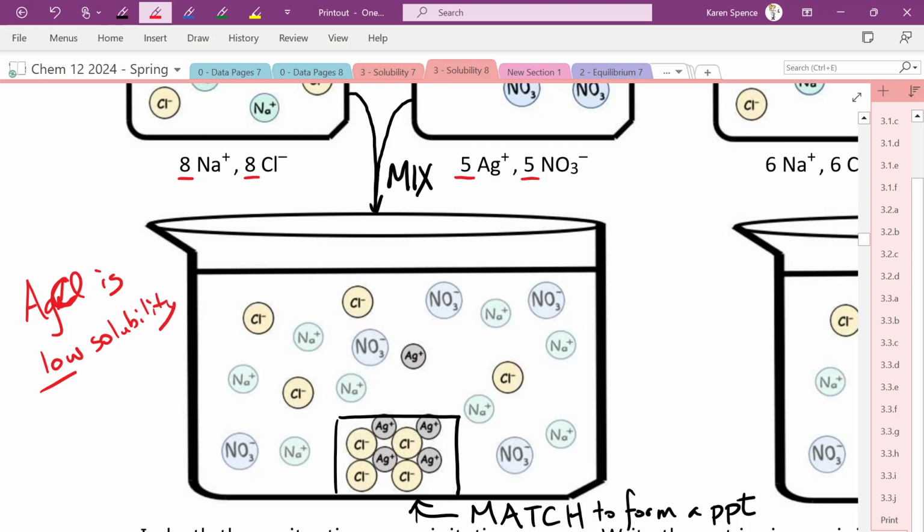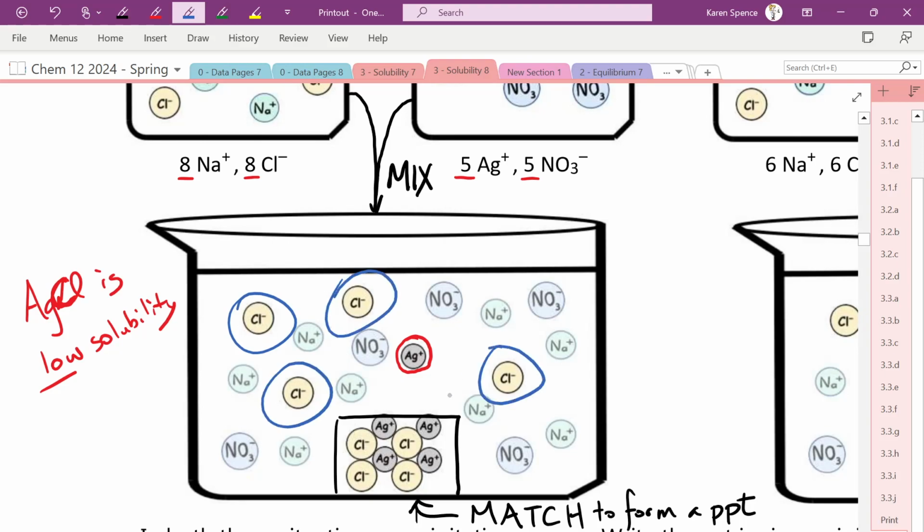And if we count, we used up all of our silver but 1. We have 1 silver left, and we have 1, 2, 3, 4 chlorides left.